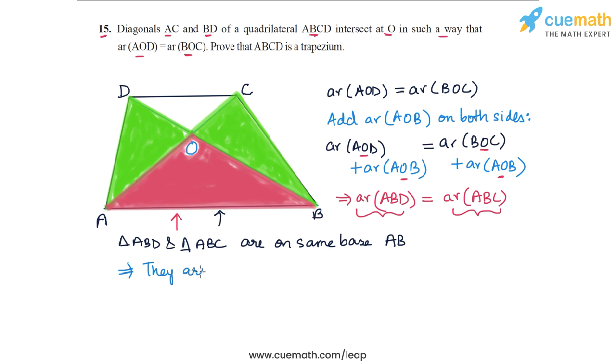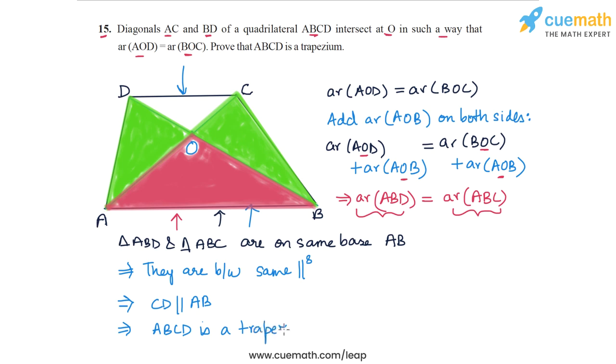So what are these parallels? One is AB and one is CD. So the two parallels are AB and CD, which means that CD is parallel to AB, and this means finally that ABCD is a trapezium. So this is what we had to prove. We had to prove that ABCD is a trapezium, and this completes question 15.